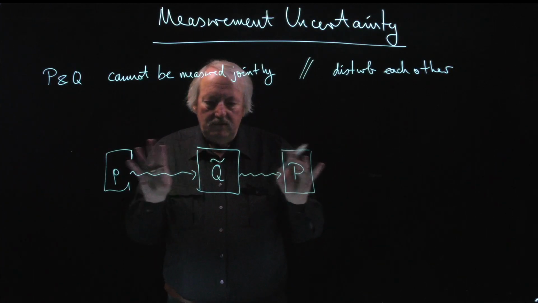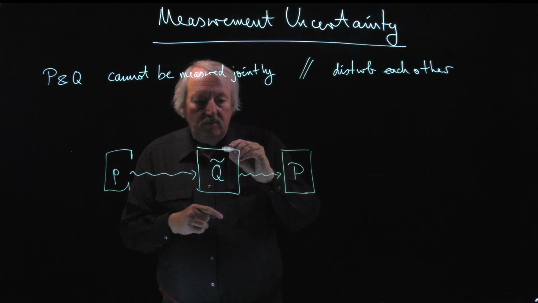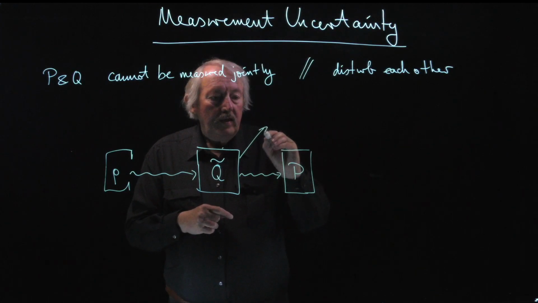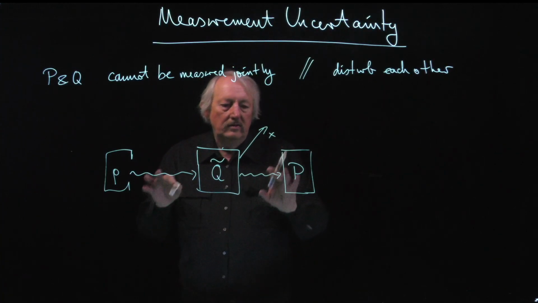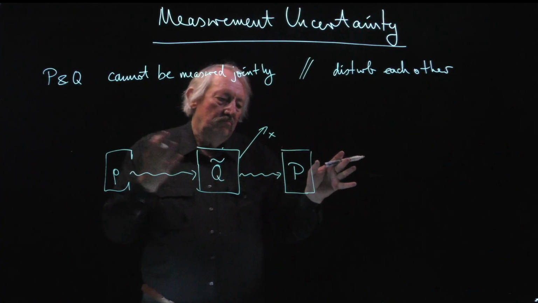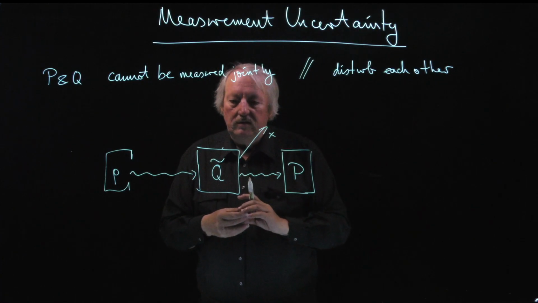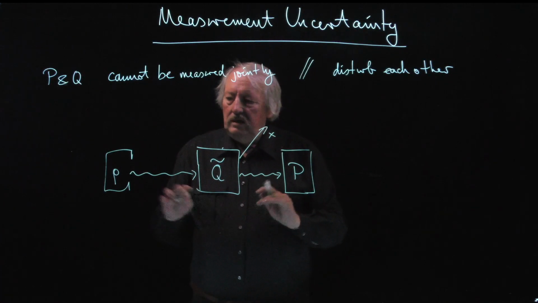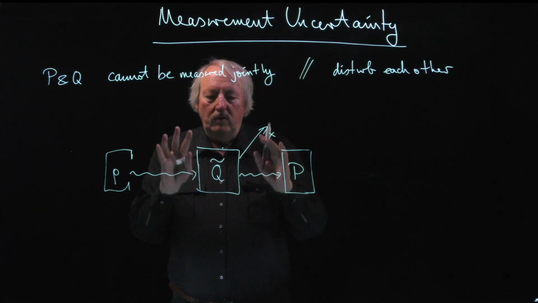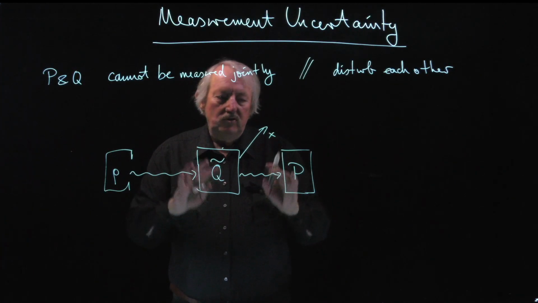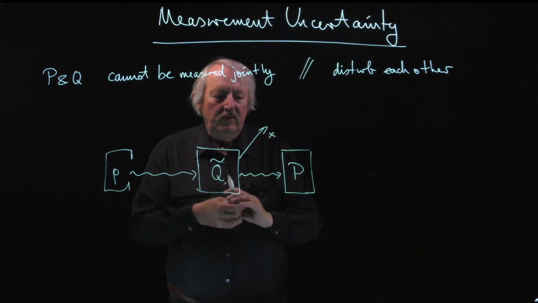Now, in these pictures, first of all, it's important to note that there is a value x, let's say, coming out, a measured value, and also the particle goes on, and we can think about what happens to the particle afterwards. So in these pictures, the letters P and Q stand for everybody's position and momentum observable as you find them in the textbooks.